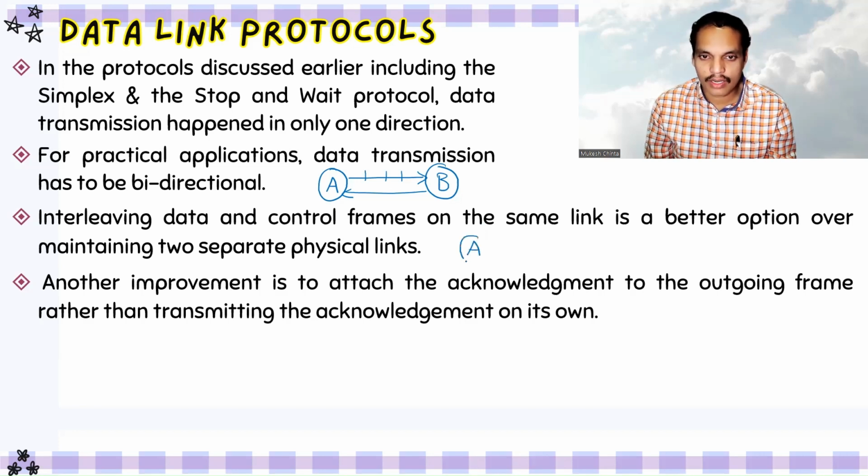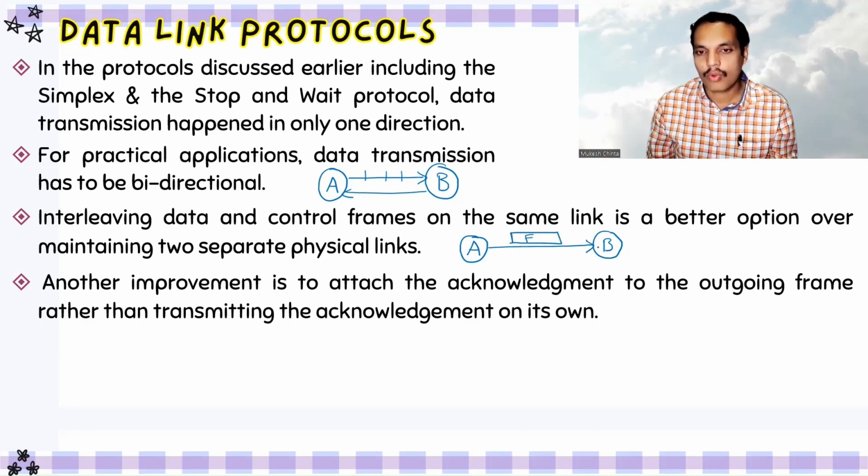Imagine that A is the sender and B is the receiver. Now A has sent a large frame F to B. Now B, after receiving this frame and verifying whether the frame has been received without any errors or not, then decides to send the acknowledgement back.